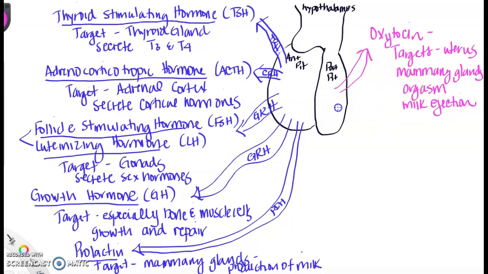The next one is ADH. So ADH is anti-diuretic hormone. Its target is the kidney.